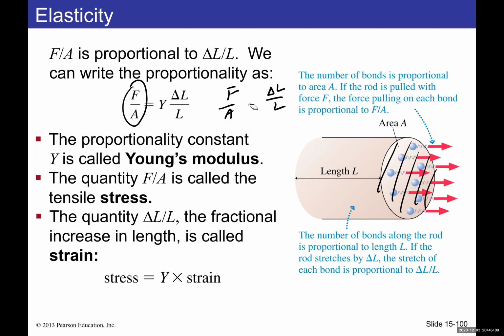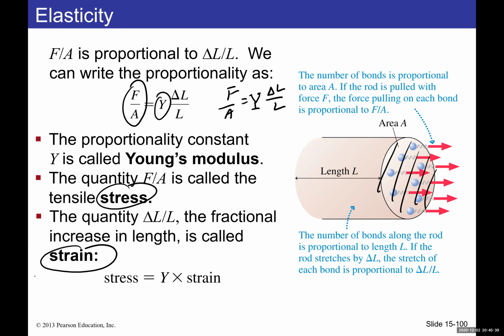And the proportionality constant is known as Young's modulus. So this Y is the Young's modulus. This quantity on the left side, F over A, is known as stress. The units are newtons per square meter, right? On the right side is delta L over L, which is unitless because both are in meters, so they cancel out. So this is known as strain. It's a fractional increase in length.